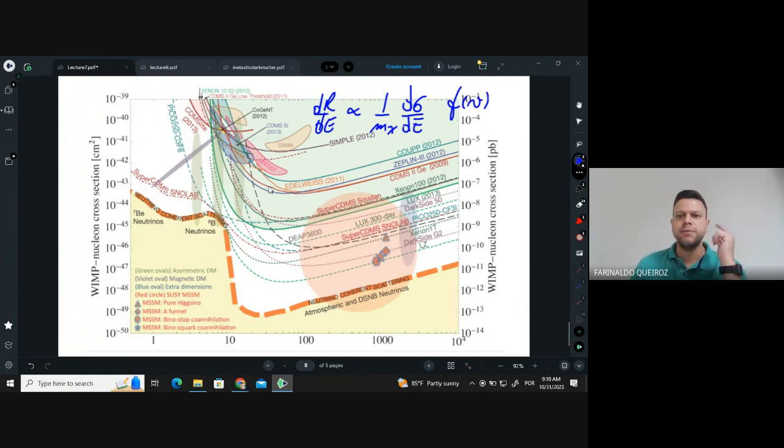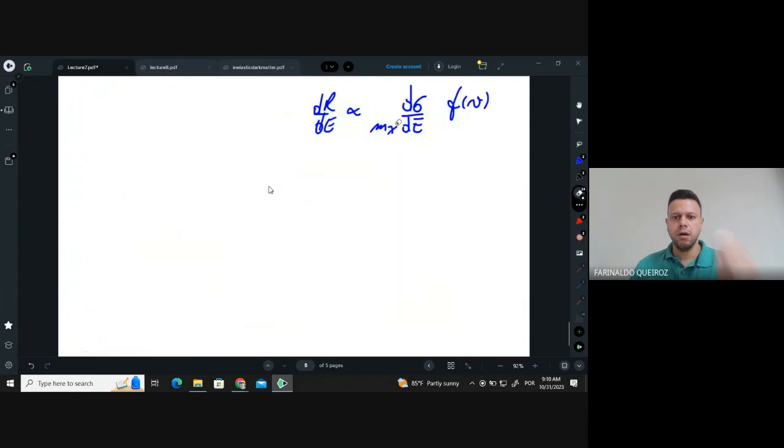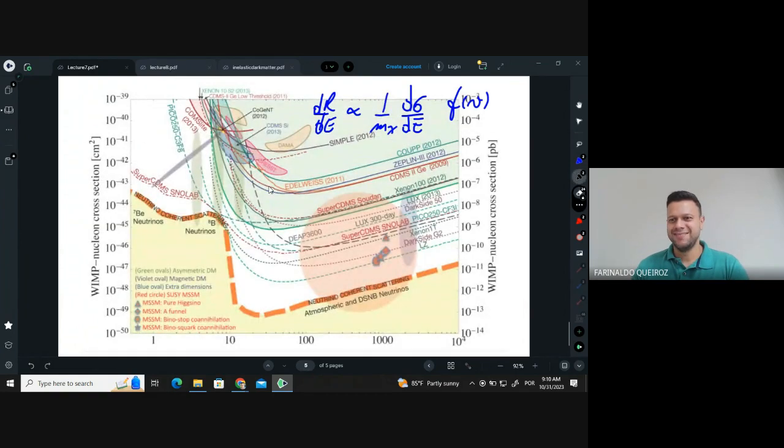But we also had a number here in the numerator, the number of targets, which is related to the exposure, the volume of my detector. So as I increase the volume of my detector, my constraint becomes stronger at the same rate as I increase the volume of my detector.